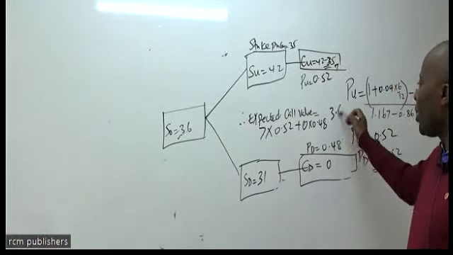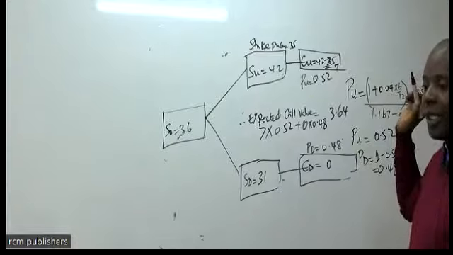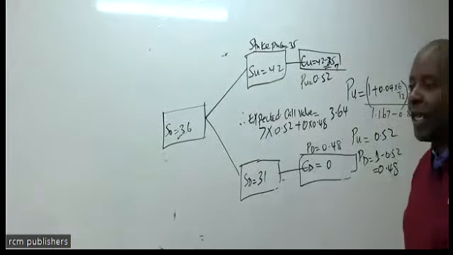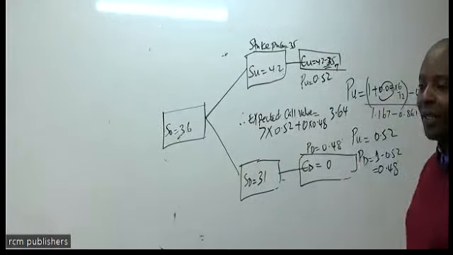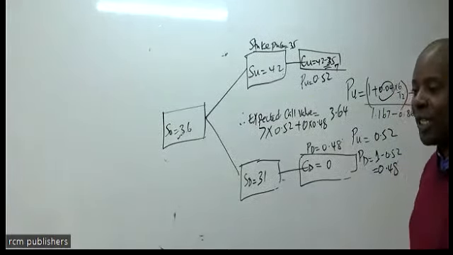So this one is 3.64. Is that okay for all of us? Is there anybody who used 0.04 inside there?